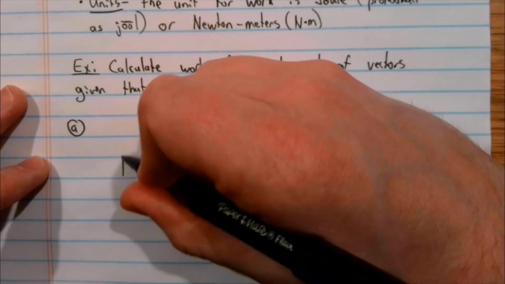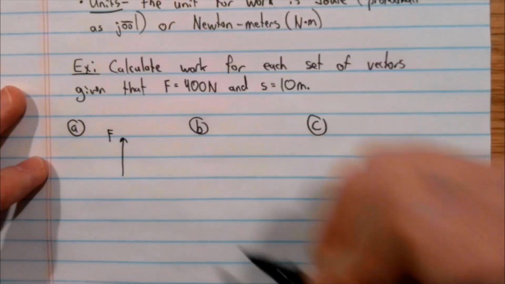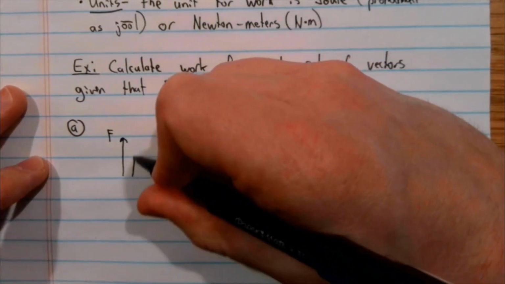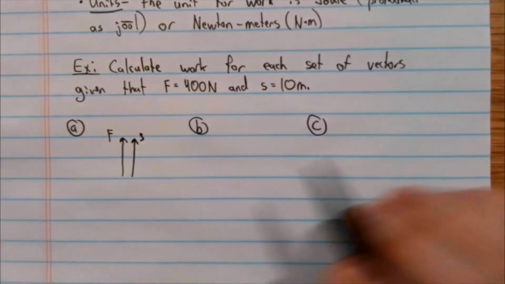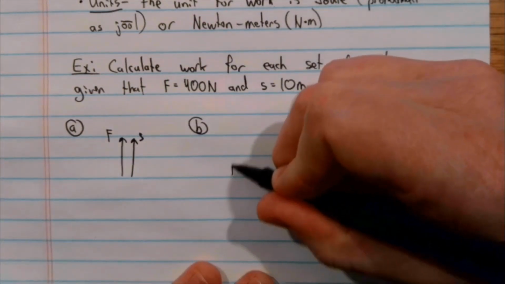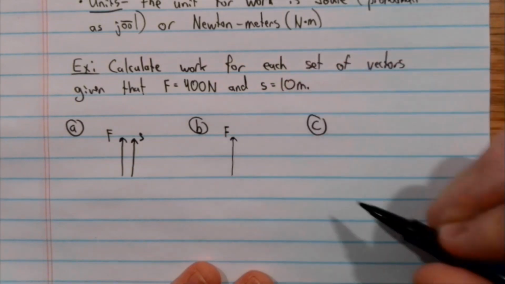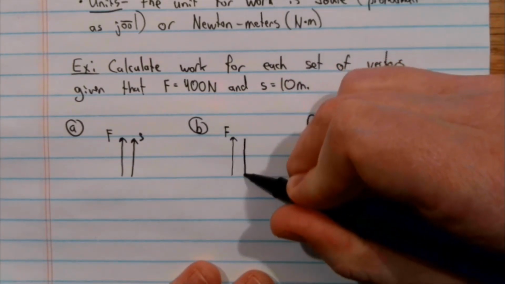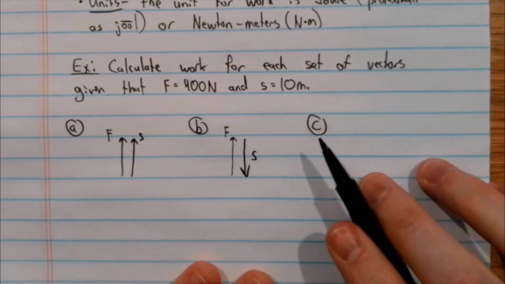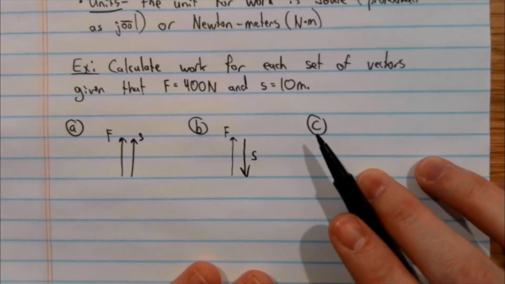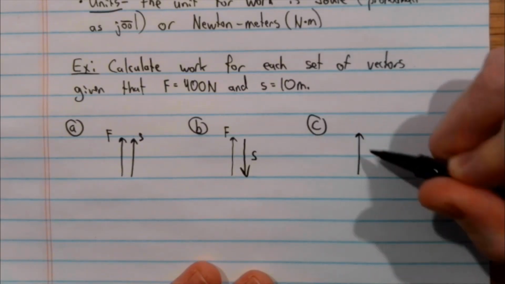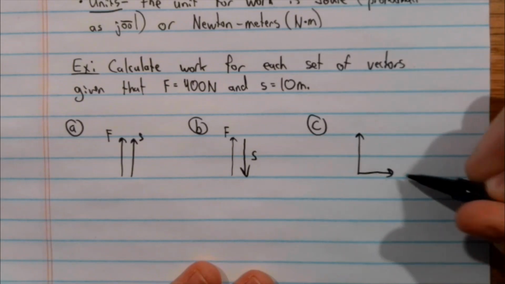On part A, F will point up and S will also point up. For B, F will point up, but S will point down. And for C, F will point up and S will point to the right.